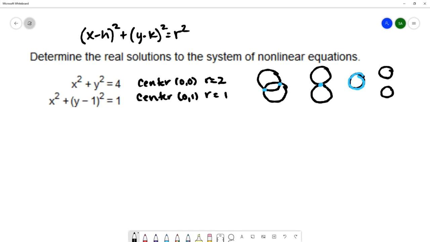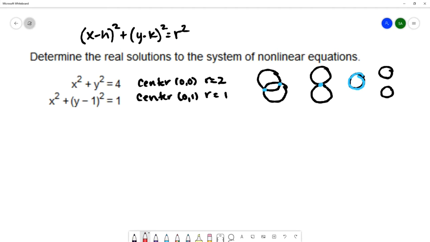So I'm looking at how to solve this system, and I'm thinking about my methods of either substitution or elimination. With the substitution method, I would be solving for one variable and substituting into another.